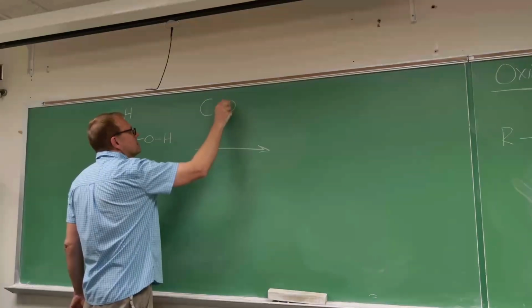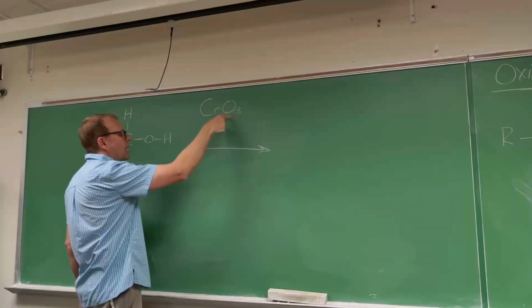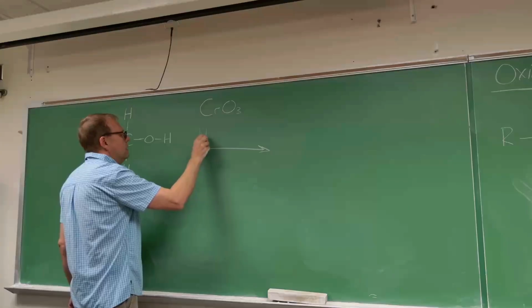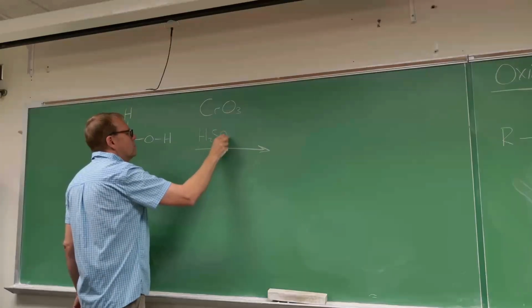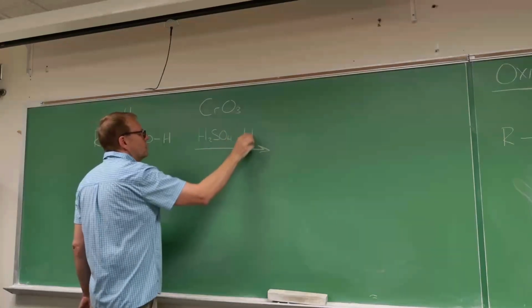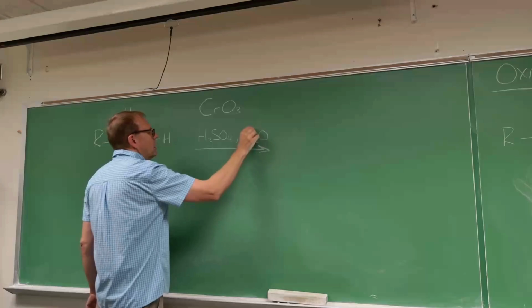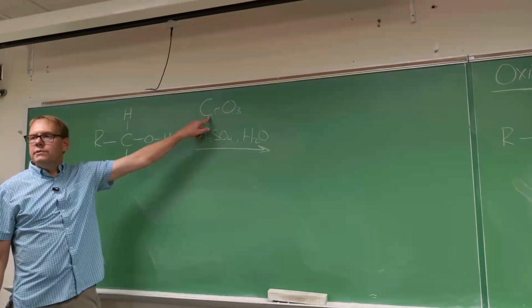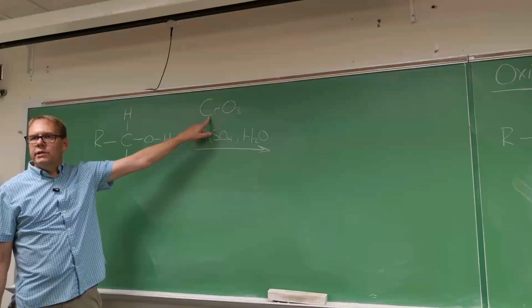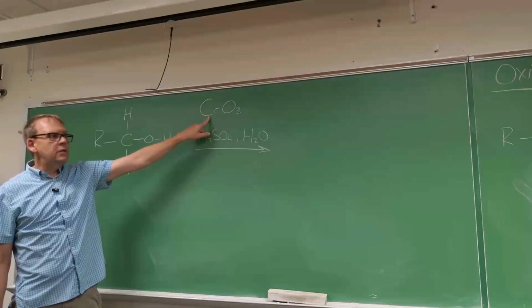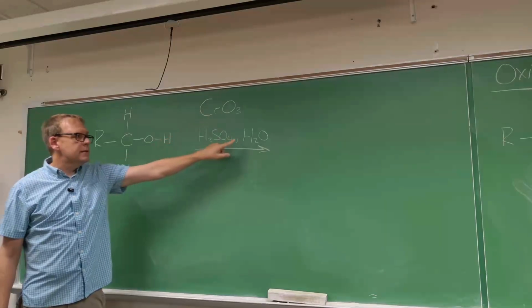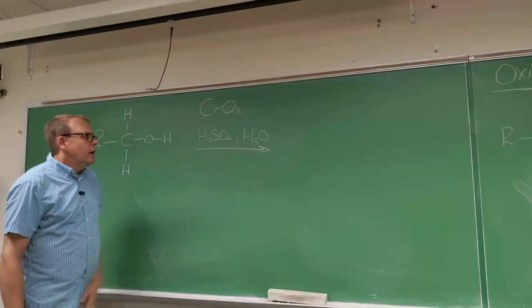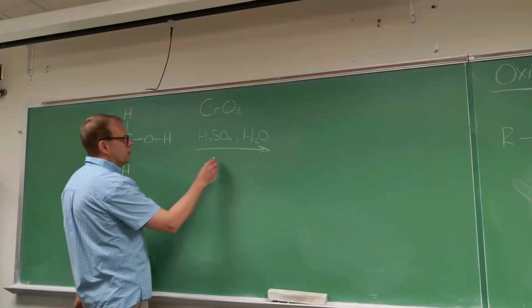One of the sets is chromium trioxide, put in with sulfuric acid and water, which are important for getting the reaction to go. But this chromium species is just a different chromium-6 reagent. It's got 6 bonds to oxygen, just like PCC does. But the key is it's in water. That's one recipe that you'll see.